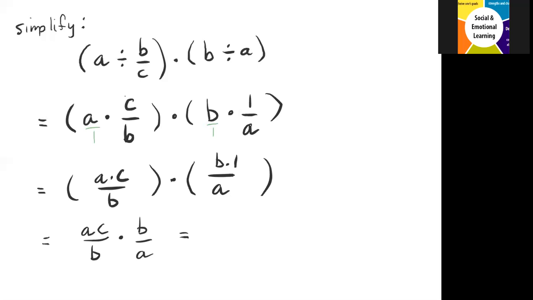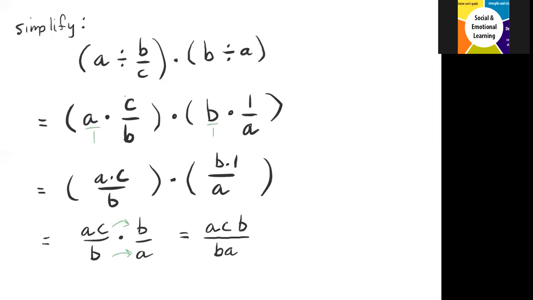Same rules of multiplication. AC times B over B times A, so ACB over BA. Exactly. Everything just gets multiplied together. Numerators get multiplied together, denominators get multiplied together. Cool.